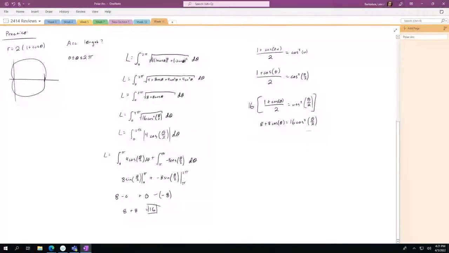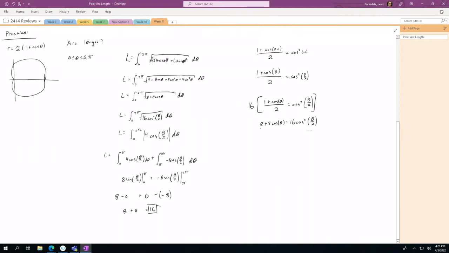In our second example problem, we had something a little harder, where we could graph this cardioid. We saw that the arc length was, again, the square root of r squared plus dr d theta squared. In this case, though, after we did our simplification, we needed to use a trig identity, which we reparameterized to show that 1 plus cosine theta over 2 is equal to cosine squared of theta over 2.